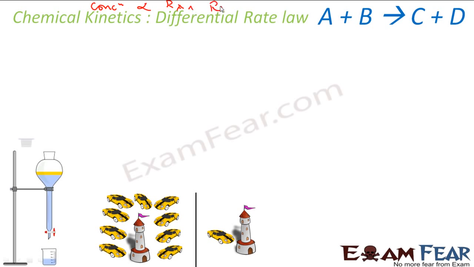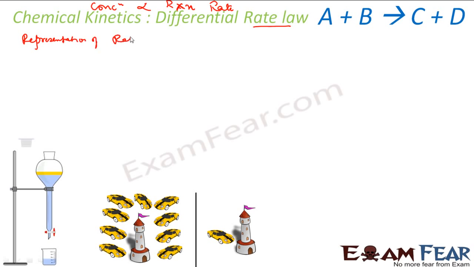That is what we'll focus on in these slides. These chemists found that a chemical reaction at a given temperature may depend on the concentration of one or more reactants. That means it may depend on the concentration of A or B or C or D. The representation of the rate of reaction in terms of concentration of reactants is called rate law.